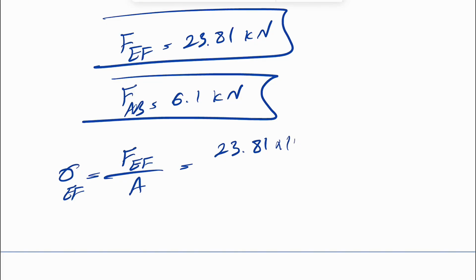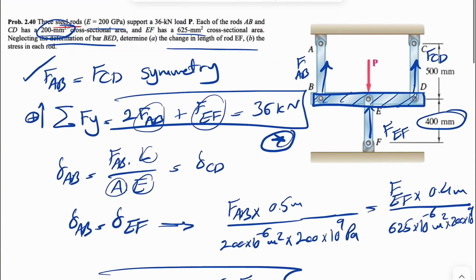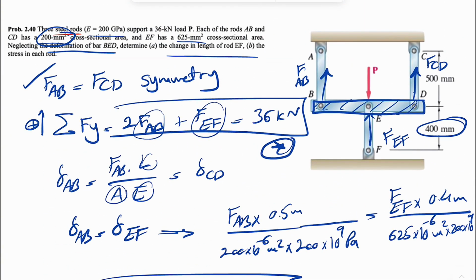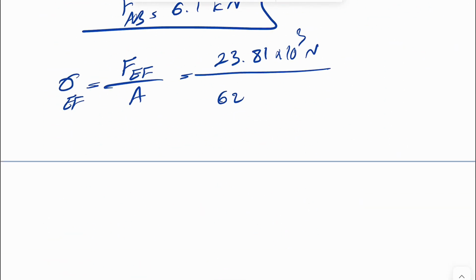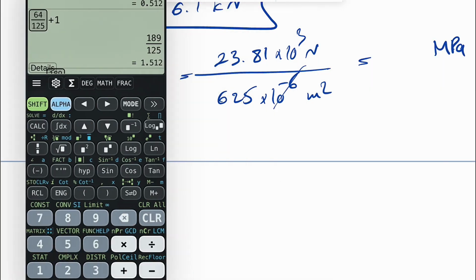I'm just going to multiply this by 1000 to get it in newtons, divided by the area of the EF, which was 625, so 625 times 10 to the minus 6 meters squared. That's going to give us the pascals. We're just going to consider this as our megapascals, so we just have to divide the numbers.